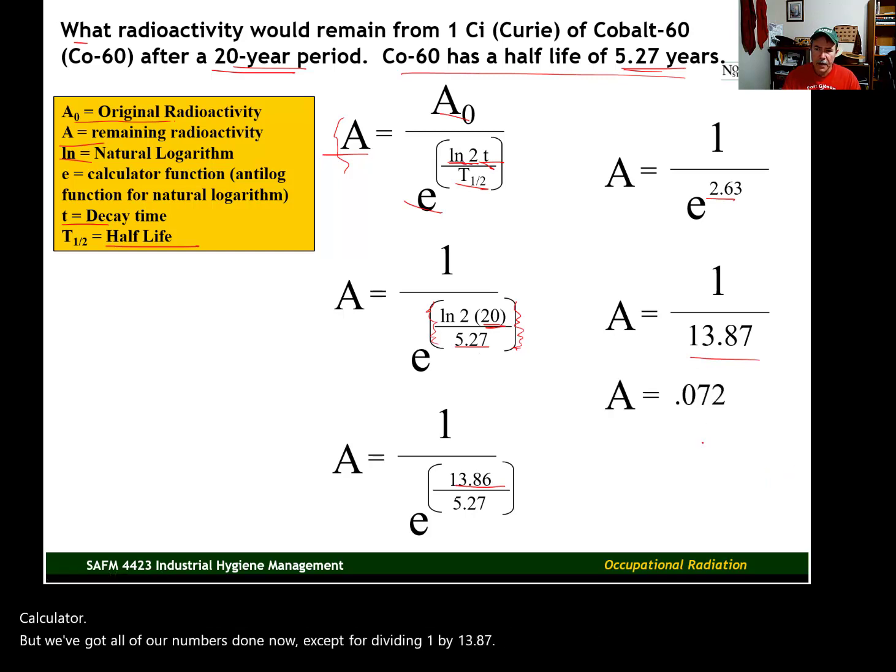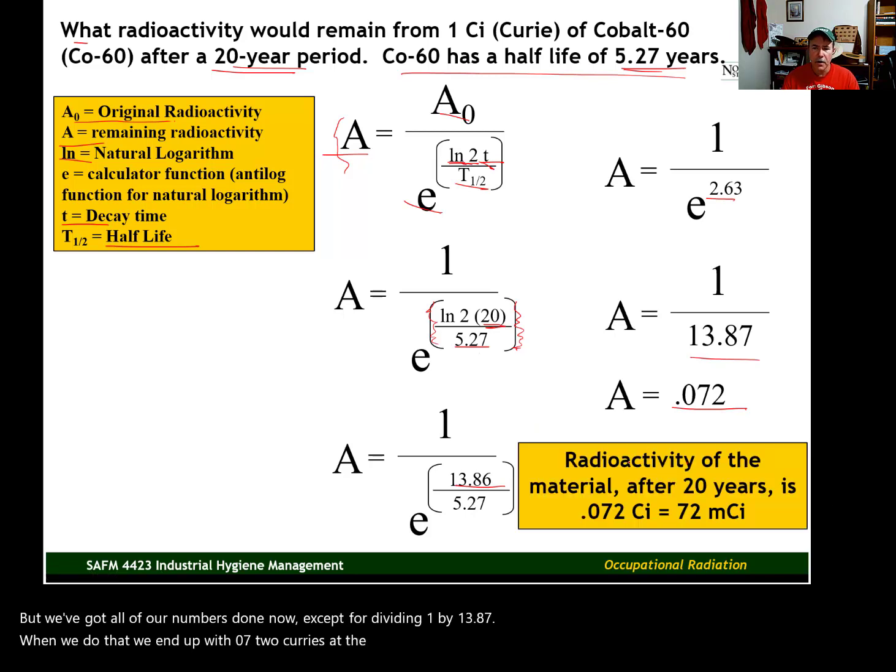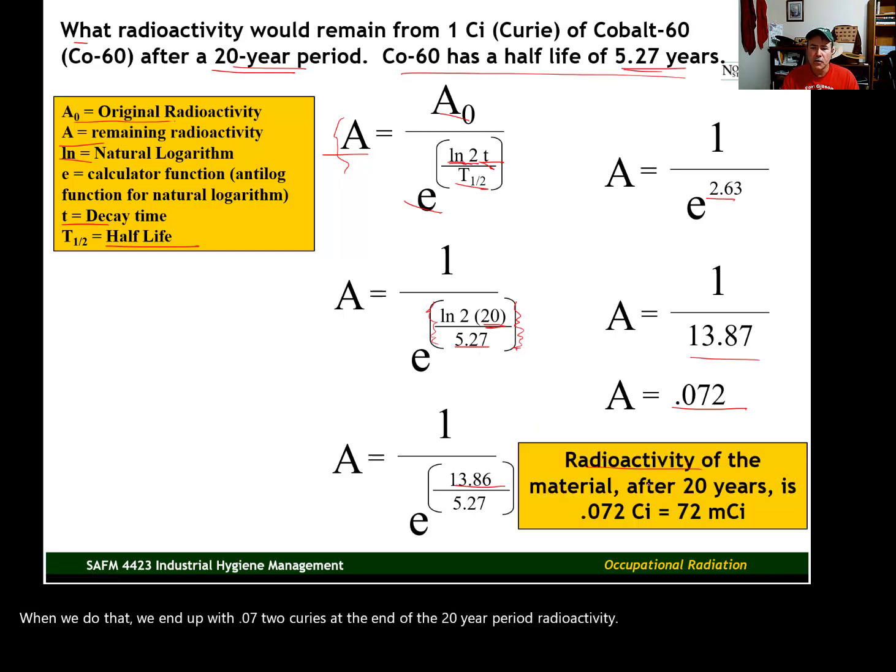When we do that, we end up with 0.072 curies at the end of the 20-year period. Radioactivity after 20 years is 0.072 curies, and you can translate that into millicuries. If you multiply 0.072 times 1,000, you have 72 millicuries.